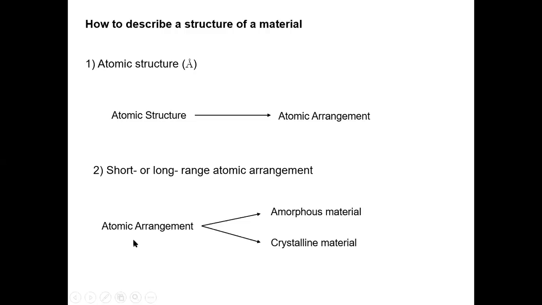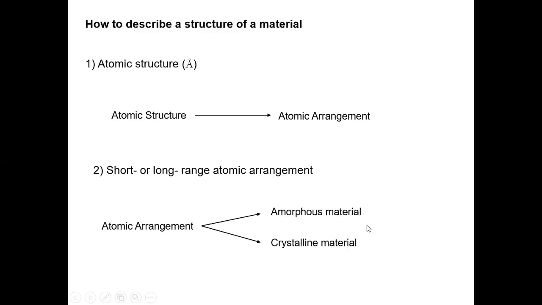We can divide that into amorphous materials or crystalline materials. If the atoms are arranged in an orderly way over a short distance, we call that amorphous material. If the atoms are arranged in an orderly manner over a long distance, we call it crystalline material.